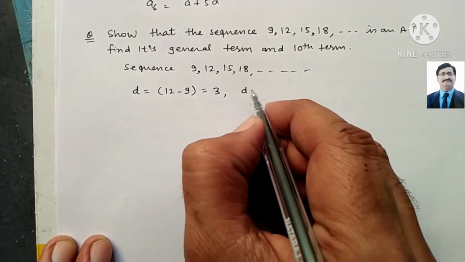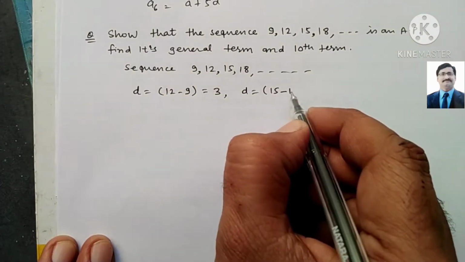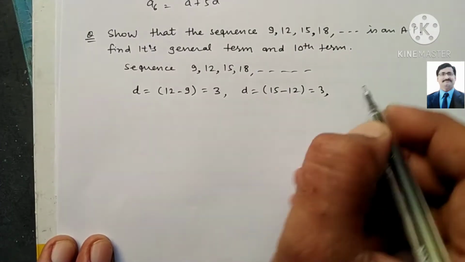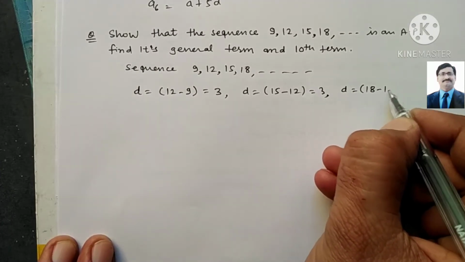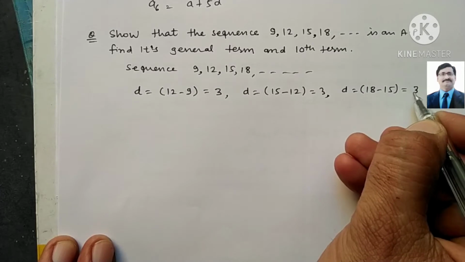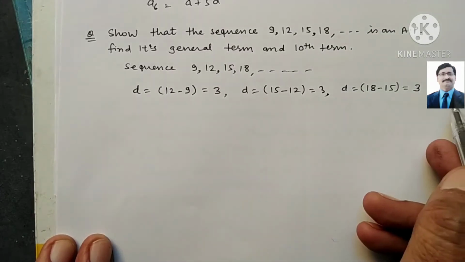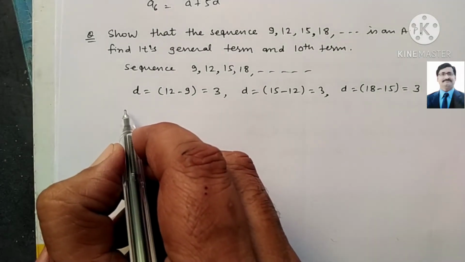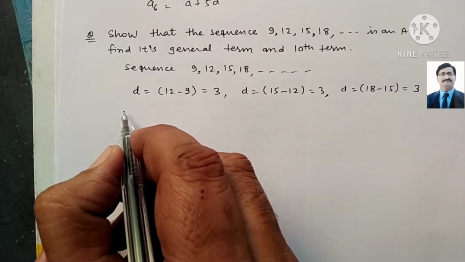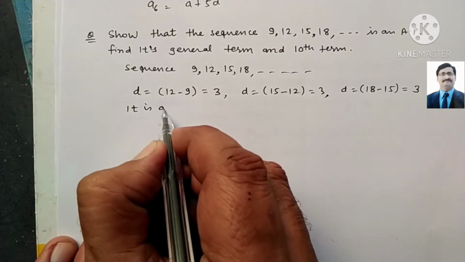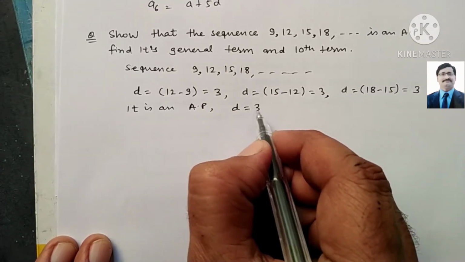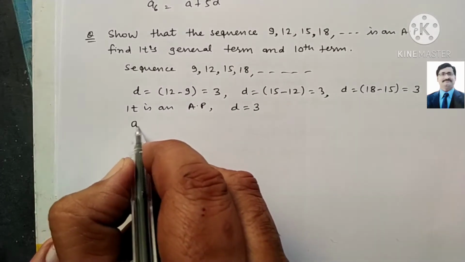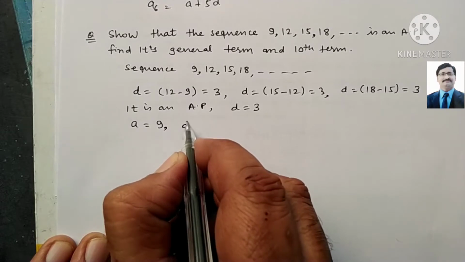Similarly, 15 minus 12 is also 3, and 18 minus 15 is also 3. Now the differences are equal, so we can say it is an AP, and D is 3. Here the first term is 9 and D is 3.